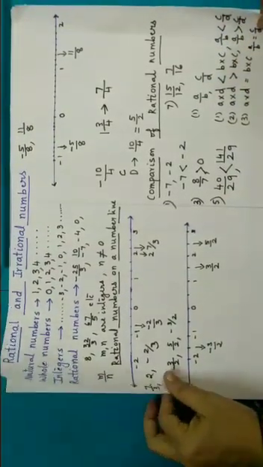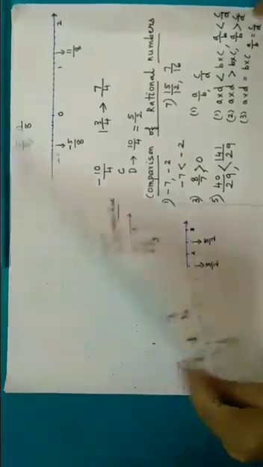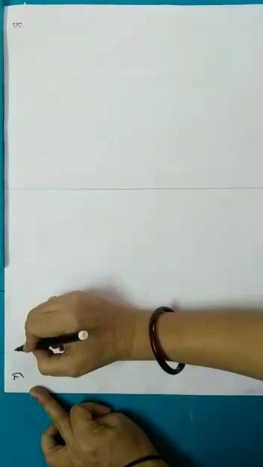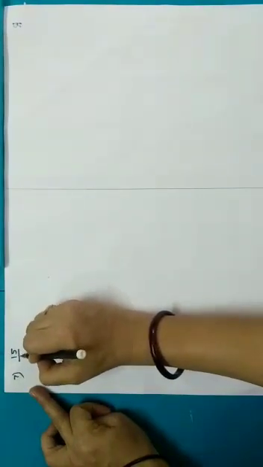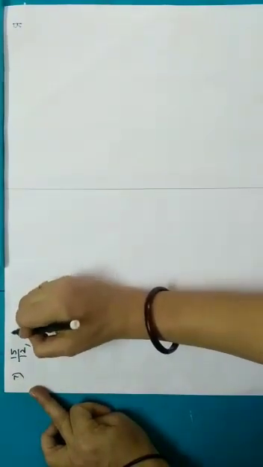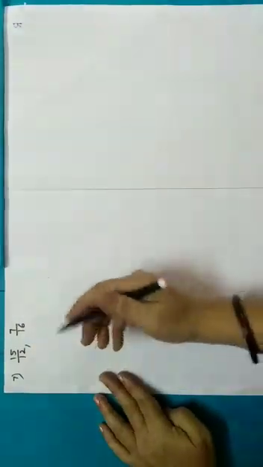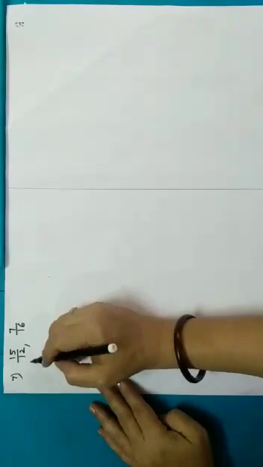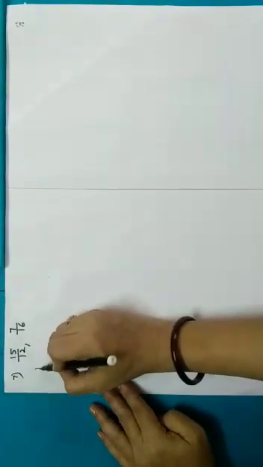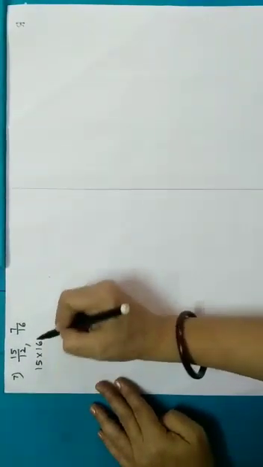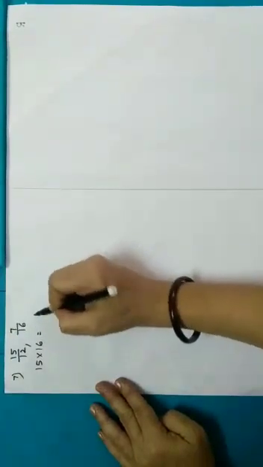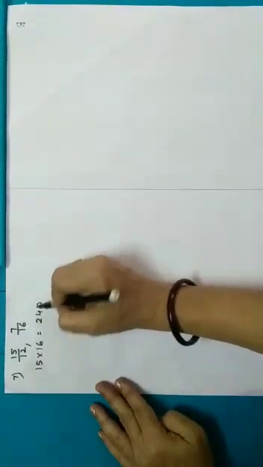15 upon 12 and 7 upon 16. Which example is that? The 7th one. 15 upon 12 and 7 upon 16. Denominators are different. Let us use the rule that I have explained just now. A into D, that is 15 into 16, is how much? 240.